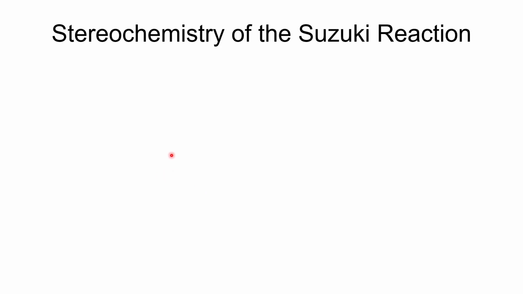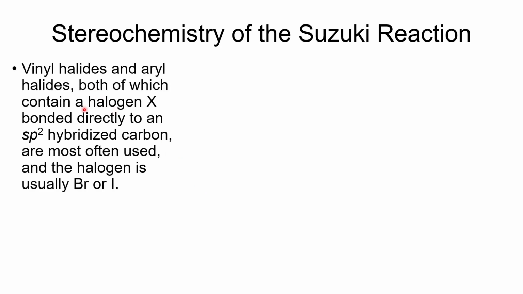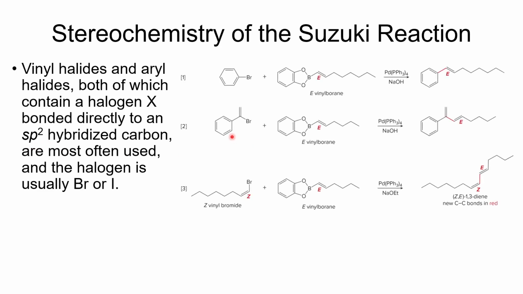One cool thing about the Suzuki reaction is that it is stereospecific. So if we take a vinyl halide and an aryl halide, both of which have a halogen group bonded to the sp2 hybridized carbon, the halogens are usually bromine or iodine.